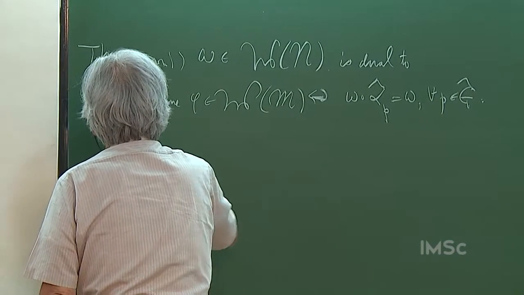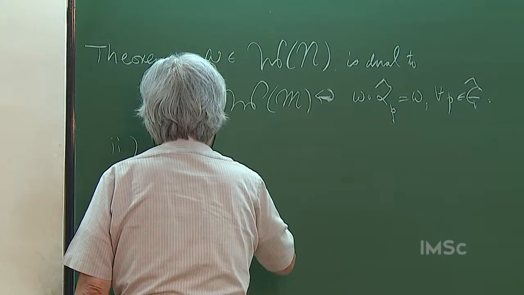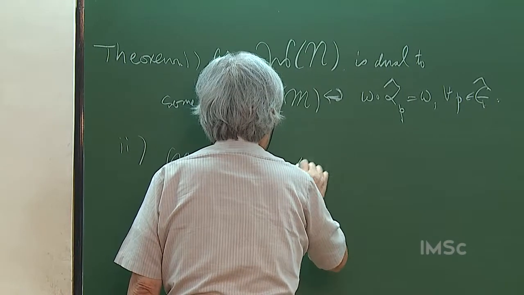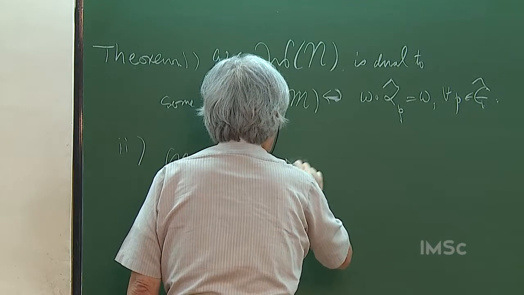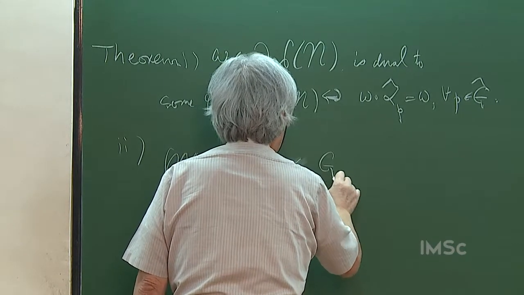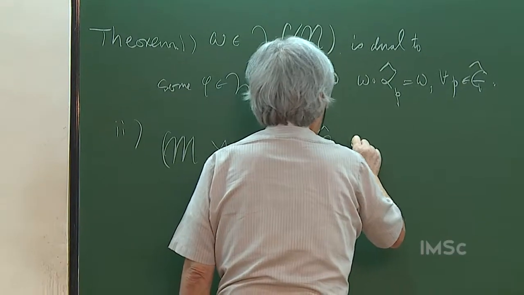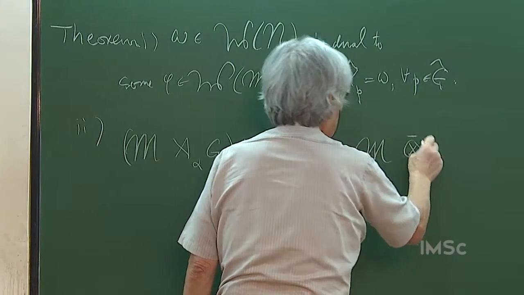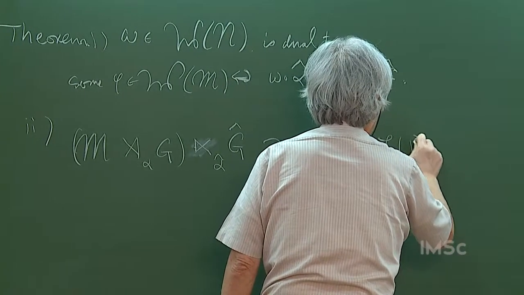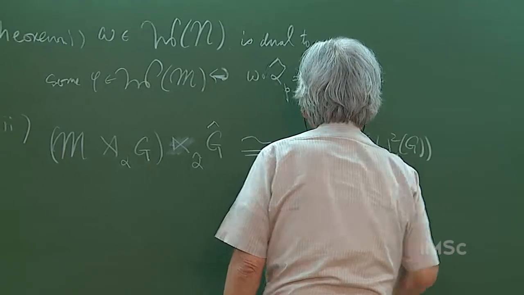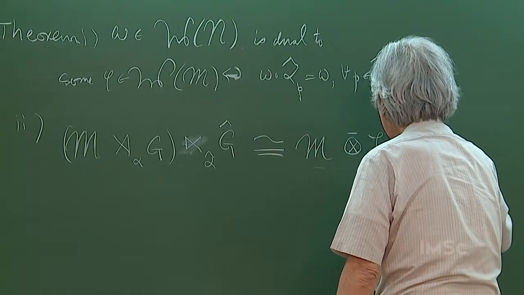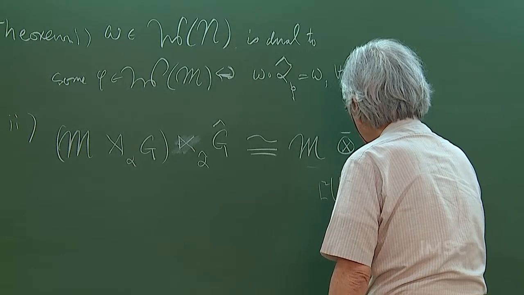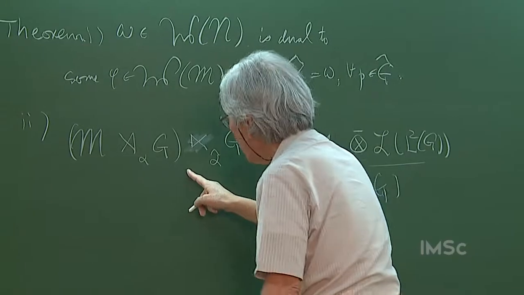Claim 2 is that M cross alpha G, once again relative to the dual action G hat, is isomorphic to the original algebra M tensor L of L2 over G. Now, this one is acting on L2 of G, H. And how about this one?